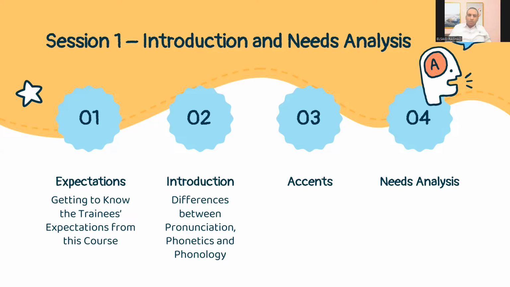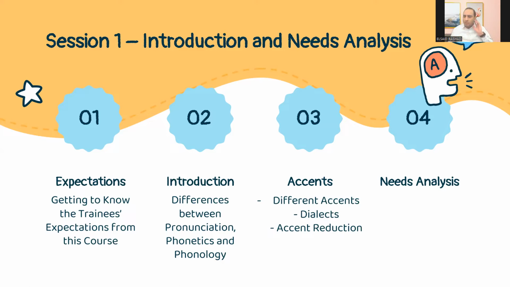All right. Then we move on to accents, the different accents, the different dialects, the differences between them, and most important is accent reduction. If you want to get a good job in a good place, you need to get rid of your accent, or at least the accent should have a minimal effect on intelligibility or meaning.